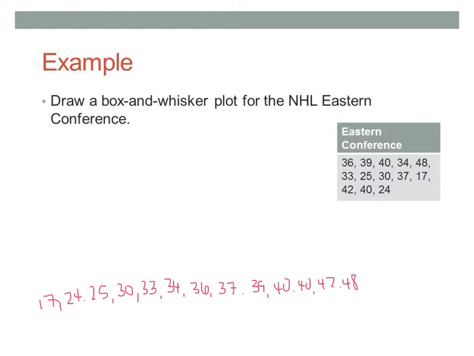A trick I would always say is to make sure that you have all, in this case, 13 pieces of data there. So 1, 2, 3, 4, 5, 6, 7, 8, 9, 10, 11, 12, 13. Okay, then you're not going to mess up by not having all the numbers there.